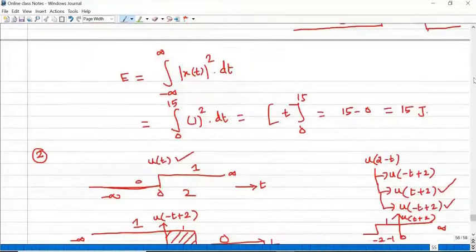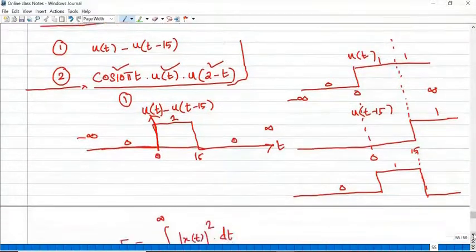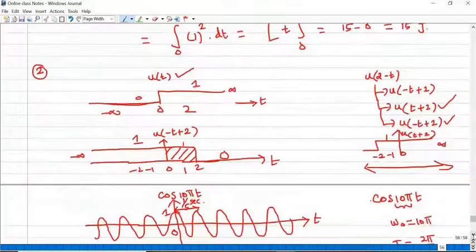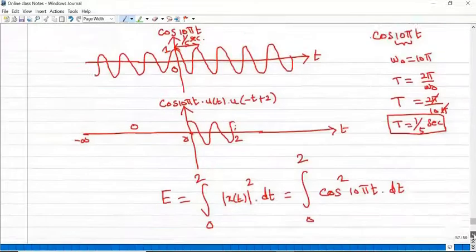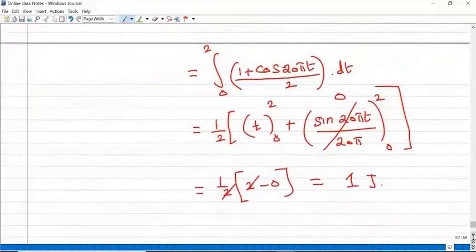In today's problems, we sketch the signal and calculate the energy. We just drew the signal properly and found the energy value using the formula. Remember that your integration limit depends on your signal.